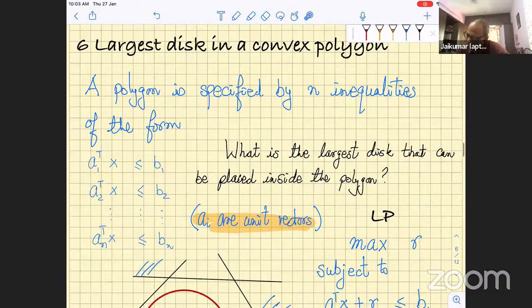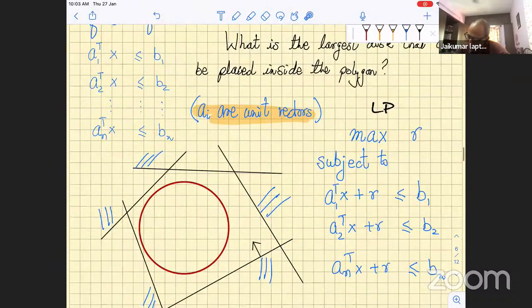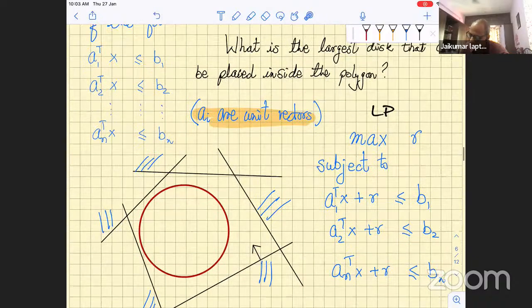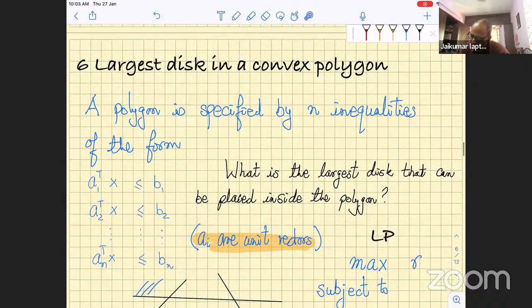So you've been given a polygon, but the polygon is specified by the intersection of half spaces. You've been given these inequalities which describe the polygon. So the polygon is the intersection of the half spaces defined by these inequalities. Okay.